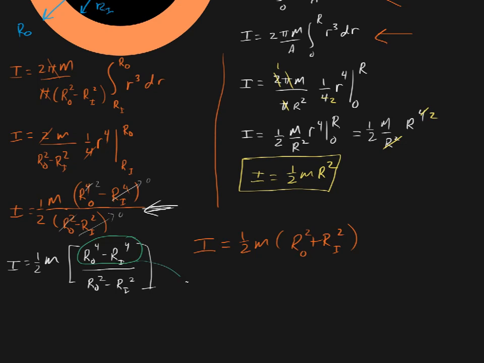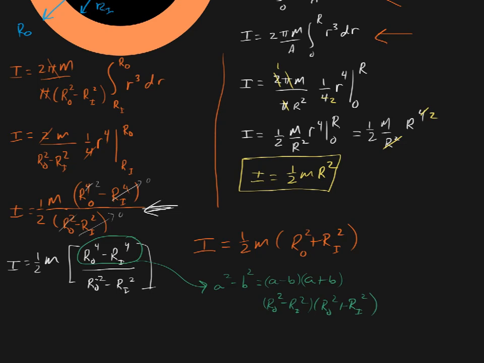For this, we're going to use a binomial expansion, and basically it's difference of squares. So we're looking at a squared minus b squared. That's going to be the same thing as a minus b times a plus b. All right, so that's basically what we're doing here. And when we do that, we get r outer squared minus r inner squared times r outer squared plus r inner squared.